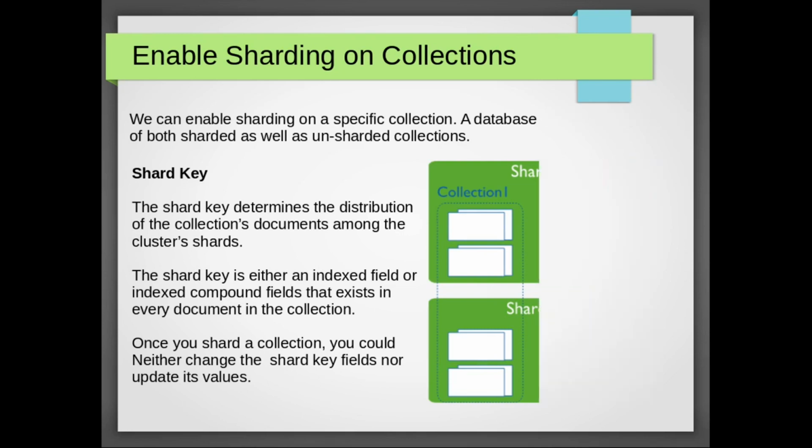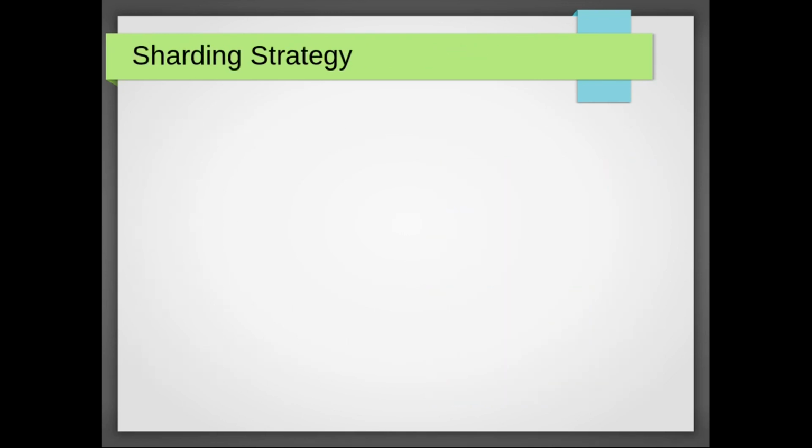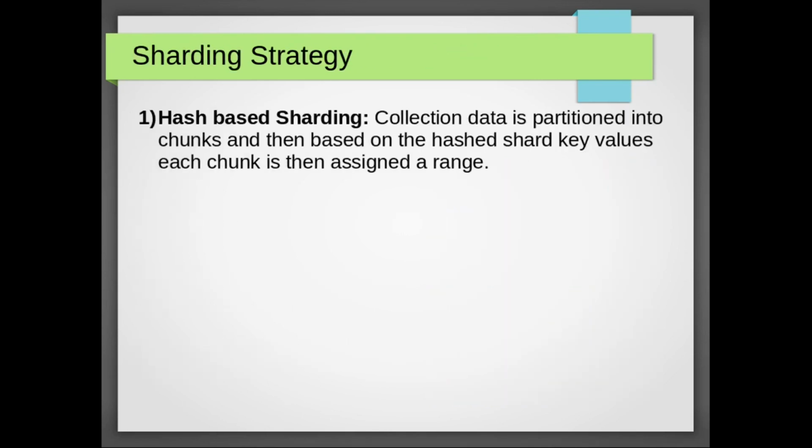Okay, let's discuss a little bit about the sharding strategy. So there are basically two types of strategy. First is hash based sharding, where the collection data is partitioned into chunks, and then based on the shard key, the values of each chunk are assigned to a range.